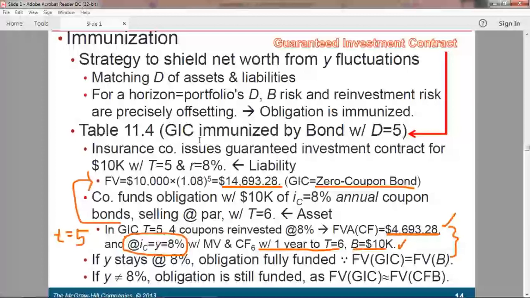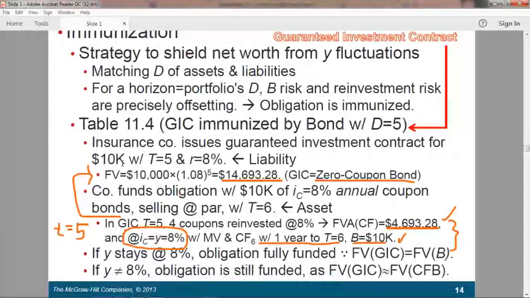What is it talking about? So an insurance company issues a guaranteed investment contract for 10K with maturity of 5 years and interest rate of 8%. So what does that mean? Insurance companies sell products such as GIC, meaning that they take 10K from you and they guarantee 8% interest with maturity of 5 years.